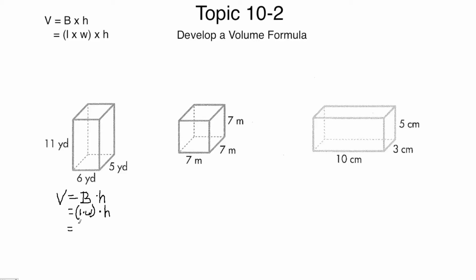Now we plug and chug. So what are we going to put in for the length? Well, you can pick either one because of the commutative property. So you have to put in 6 yards times 5 yards. And then the height, which is the third dimension, which is 11 yards.